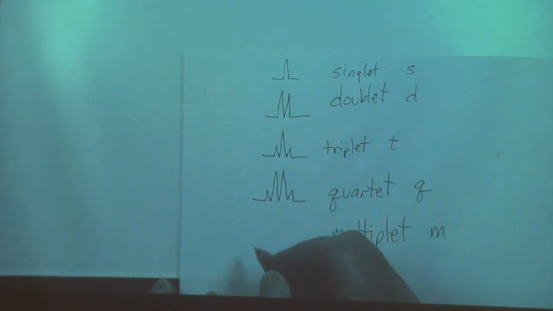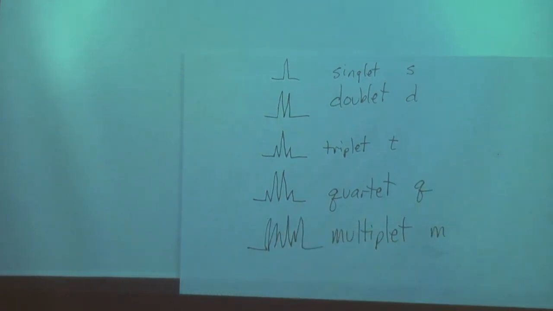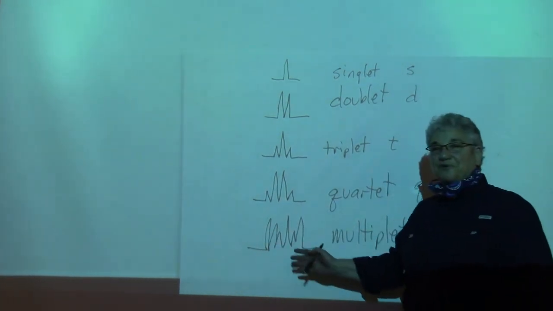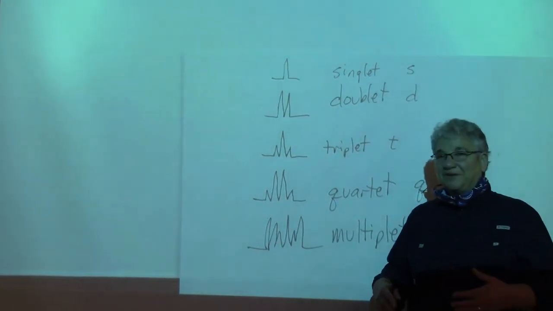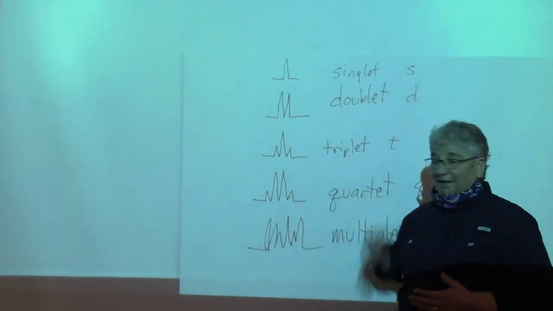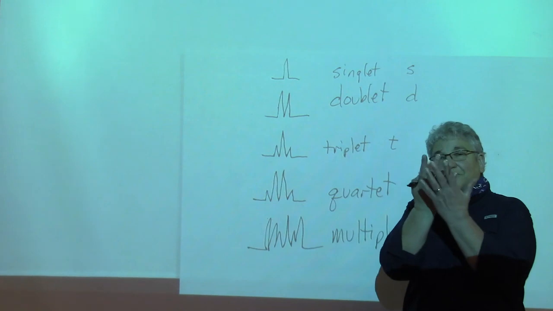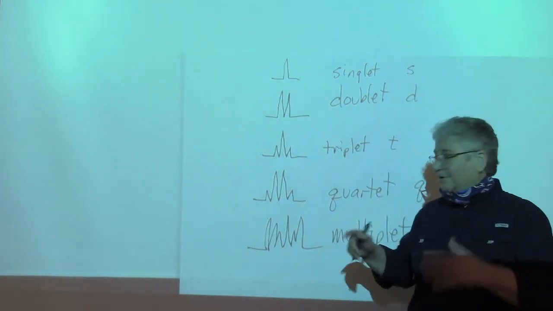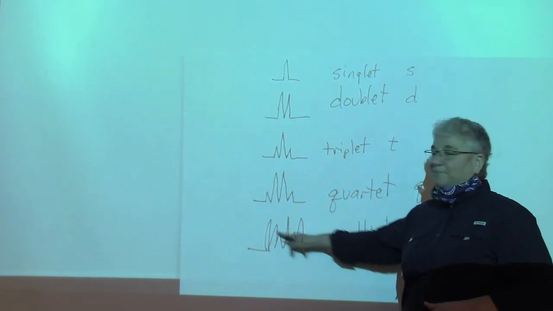As I said before, you get a lot of overlapping in proton NMR. And when two things overlap each other, even if one is a quartet and one is a doublet, you can't really determine what they are because they have a mixed up pattern.